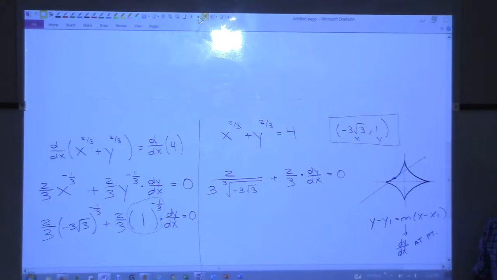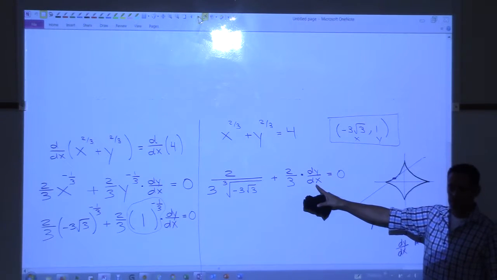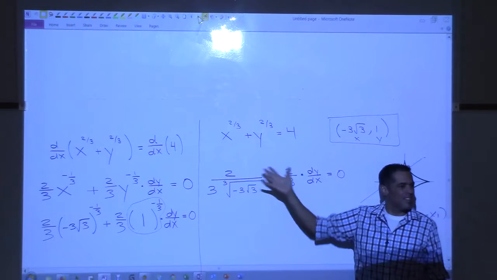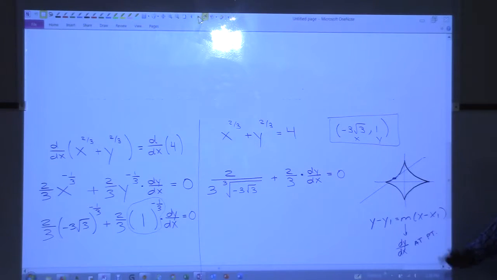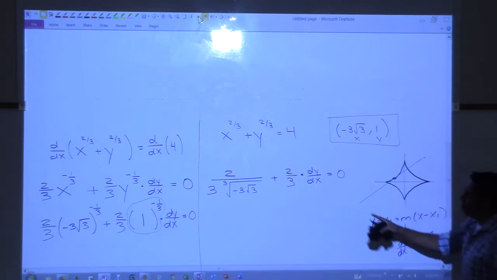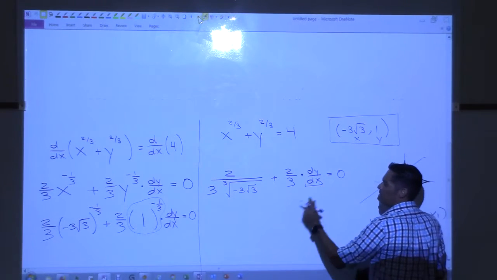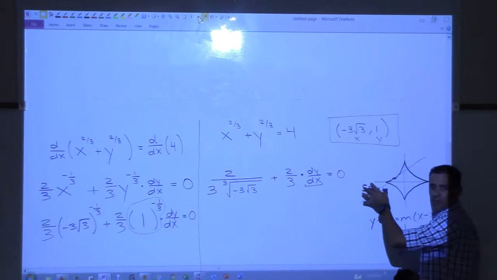And now at this point, let's try and figure out what dy/dx is. All right, so notice that everything else is a number. They're ugly numbers. Do you agree? Okay, so what I'm going to do to solve for this is first I'm going to bring this whole thing to the other side, which makes it negative.